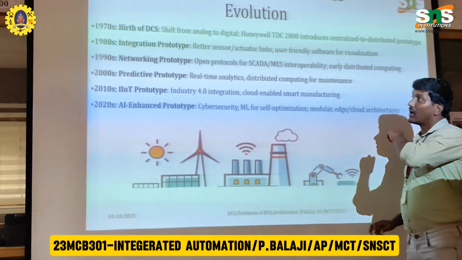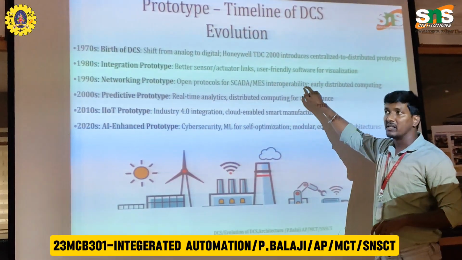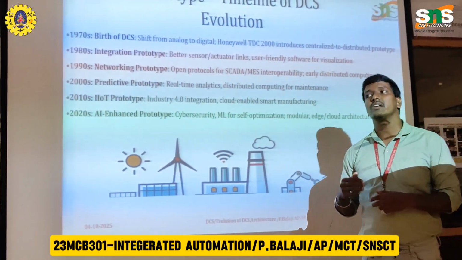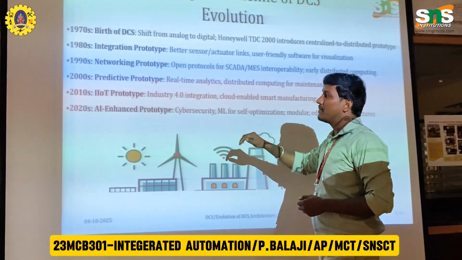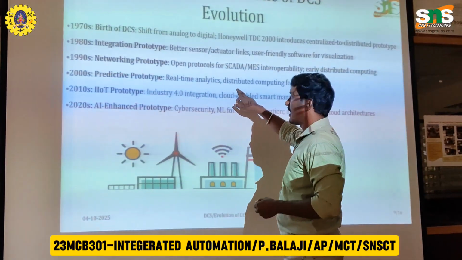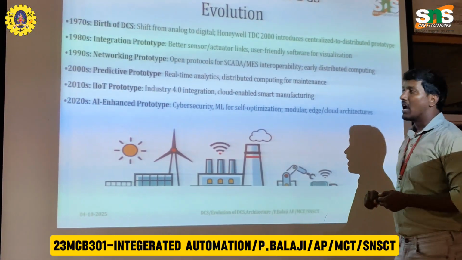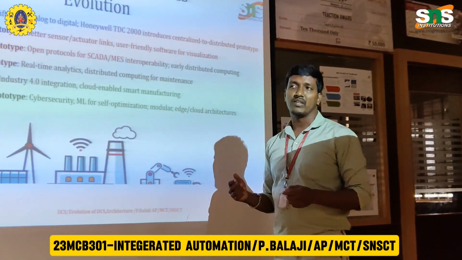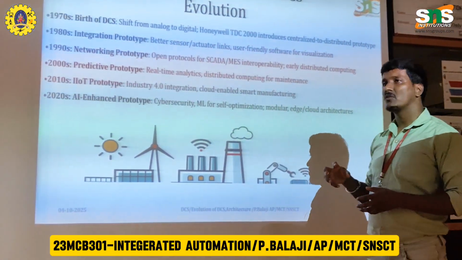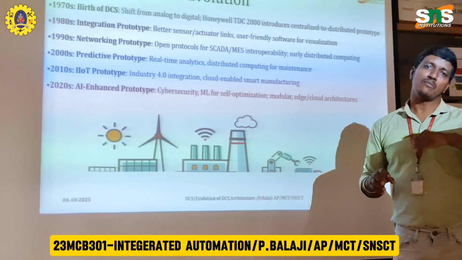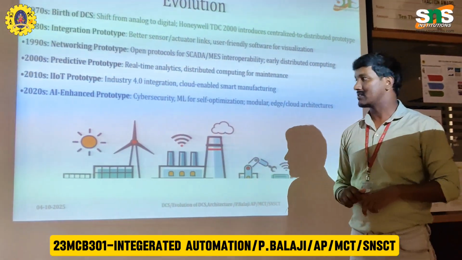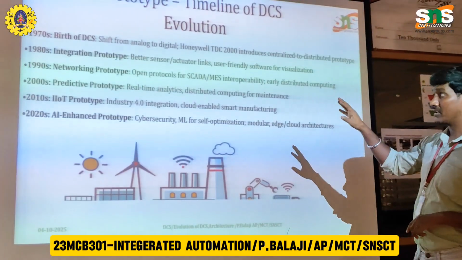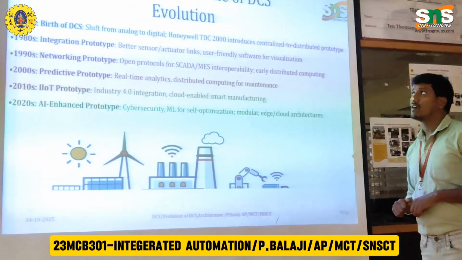From the output data, we analyze the data for future applications, and for that people used predictive prototype analysis. In the 2010s, people use IIoT, the Industrial Internet of Things. By using the internet, people can control all those processes remotely from any other place to their industries. That is the evolution of the prototype designs. That is about the DCS system.